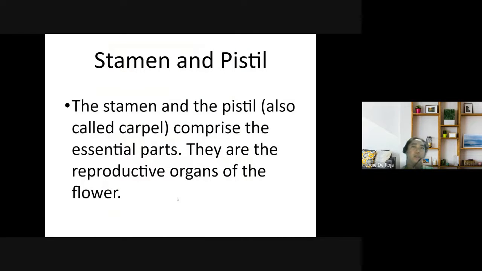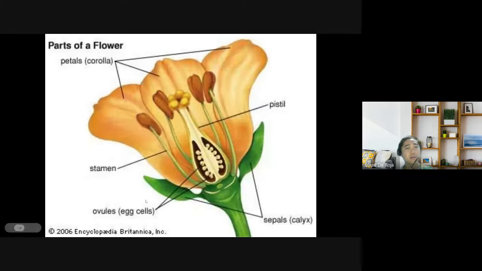Next is stamen and pistil. The stamen and the pistil, also called carpel, comprise the essential parts. Ito na yung pinaka-essential parts ng flower. They are the reproductive organs of a flower. So, hindi siya katulad ng male and female reproductive part. Ito, magkasama na.